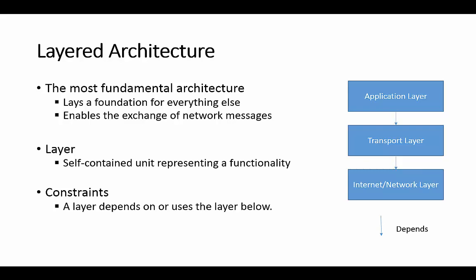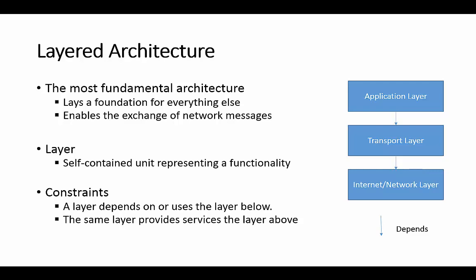For example, a layer depends on or uses the layer below, and it cannot be using or depending on the layer above. The same layer provides services to the layer above.